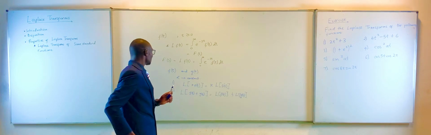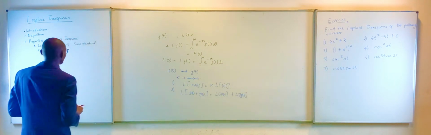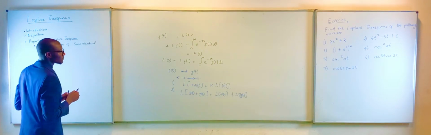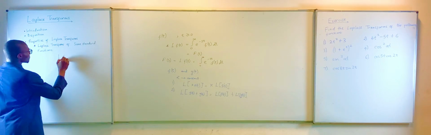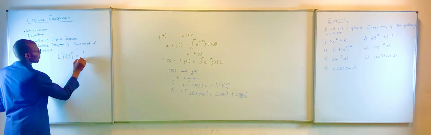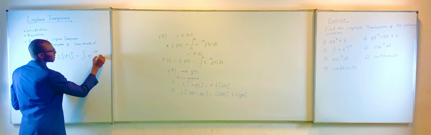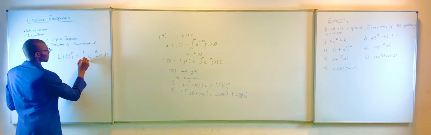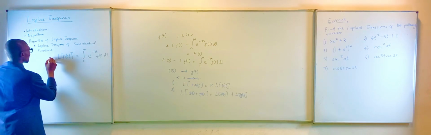So let me write down this definition here such that it is easier for us to just refer back. We said the Laplace transform of f of t is equal to the integral of e to the power minus st f of t dt from 0 to infinity.